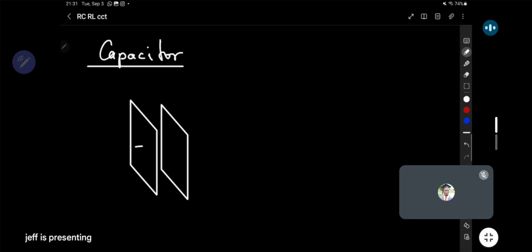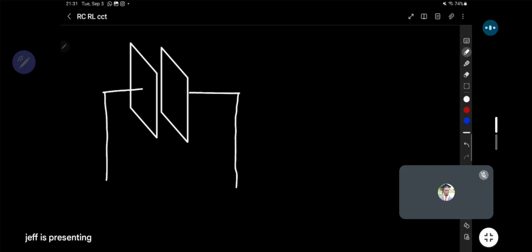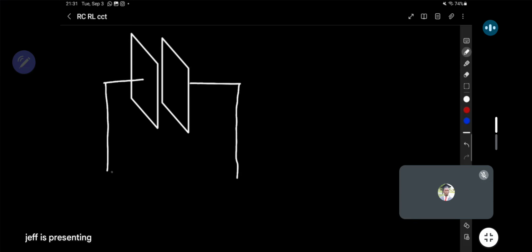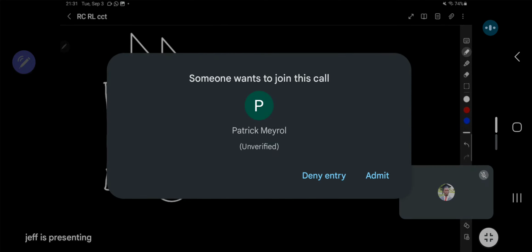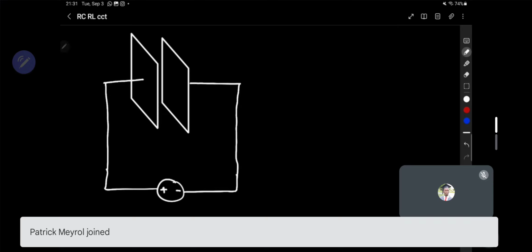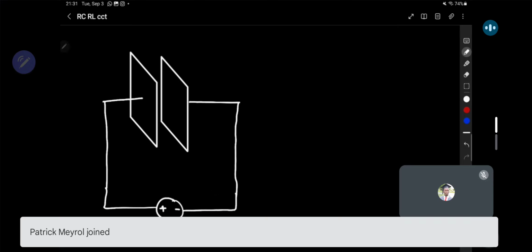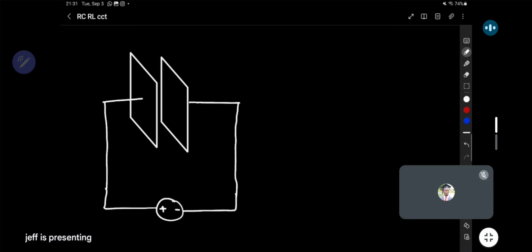One plate will be connected to a source, and the other will be connected to the opposite terminal of the source. Let's look at a case where you connect one side to positive and the other side to negative.